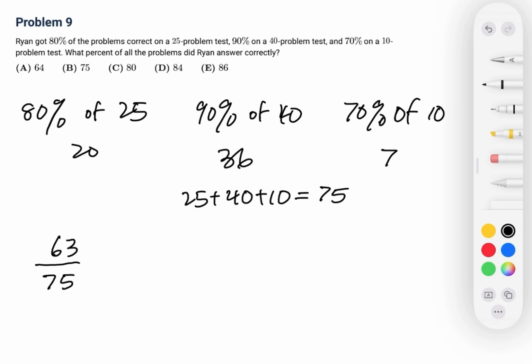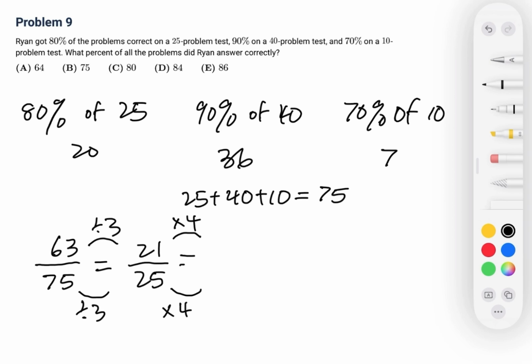So, what you can do is divide both the top and the bottom by 3, which equals 21 over 25. Then we can multiply the top and the bottom by 4, which gives us 84 over 100. So the answer is D, 84.